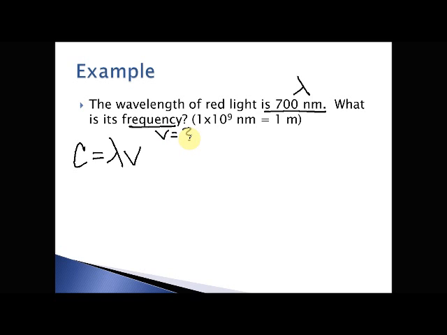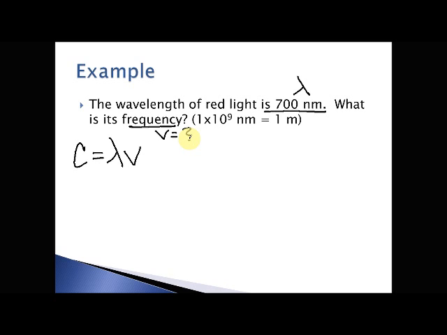So I would make sure that you are circling these things, being an active participant in this example, because this is what you need to do to help you on the homework, okay? So we're going to plug in our wavelength into our equation to get frequency.